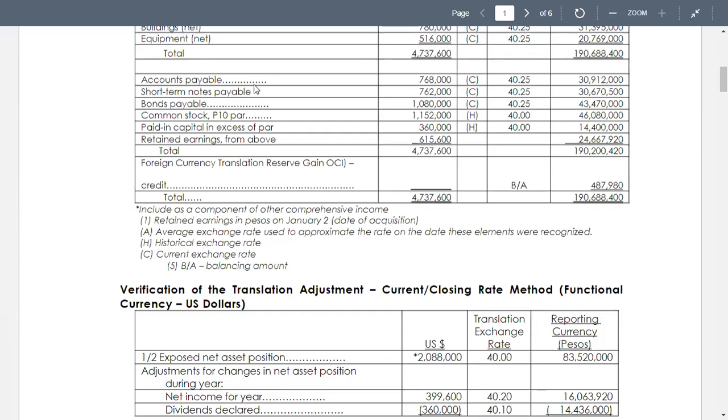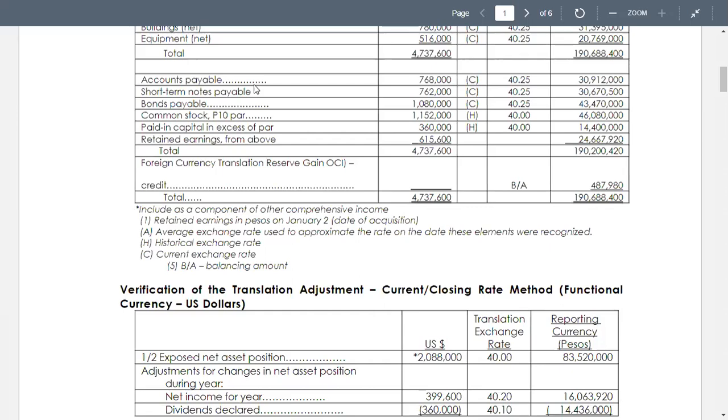Dividends are translated using the historical or the actual rate on the date of the declaration.